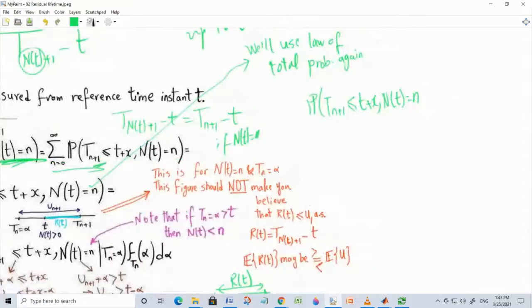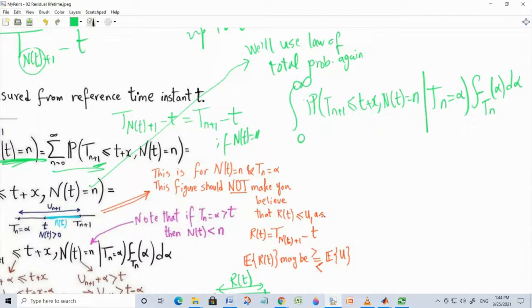What we will do is condition on T of n equals alpha, that the nth arrival has occurred at time alpha. We multiply by the PDF, and then we integrate from 0 to infinity. So we will use the law of total probability again, a very basic and very useful law of probability. Okay, and now let's think about this integral.